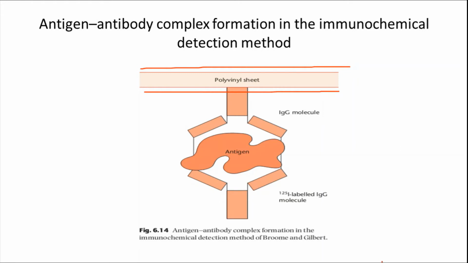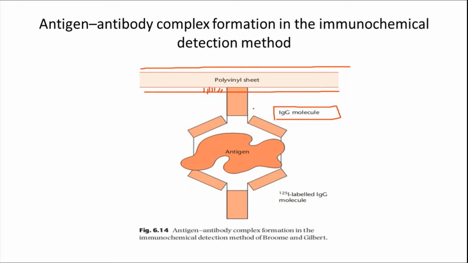A number of techniques are available for coating the antibody, such as streptavidin and biotin. Whichever technique is used, the antibody is coated onto the polyvinyl sheet, especially the IgG molecule, the famous molecule, and a monoclonal antibody.